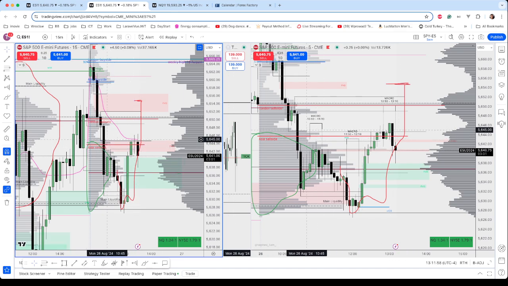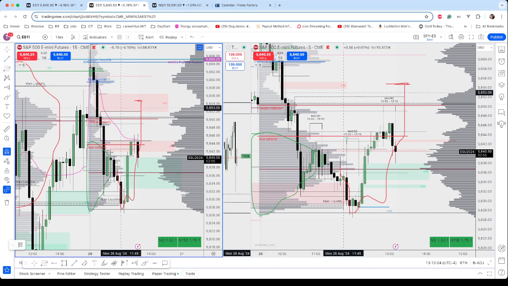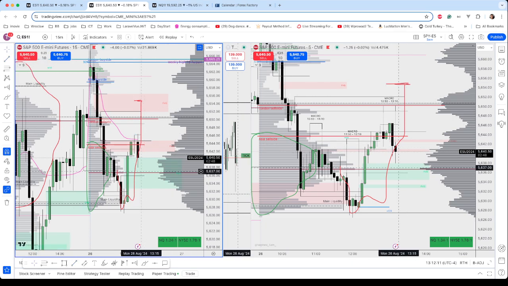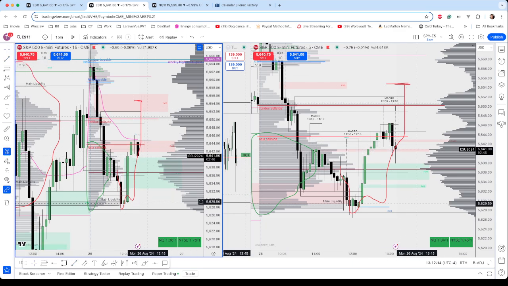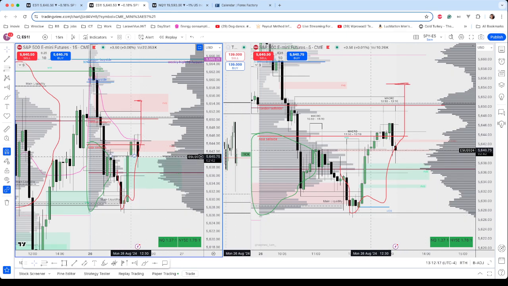We pushed into this trapped liquidity low volume node here and market sold. It's selling right now. That doesn't mean it's going to sell into the bottom, but it might just drop, continue lower, or we're just going down to grab that liquidity.